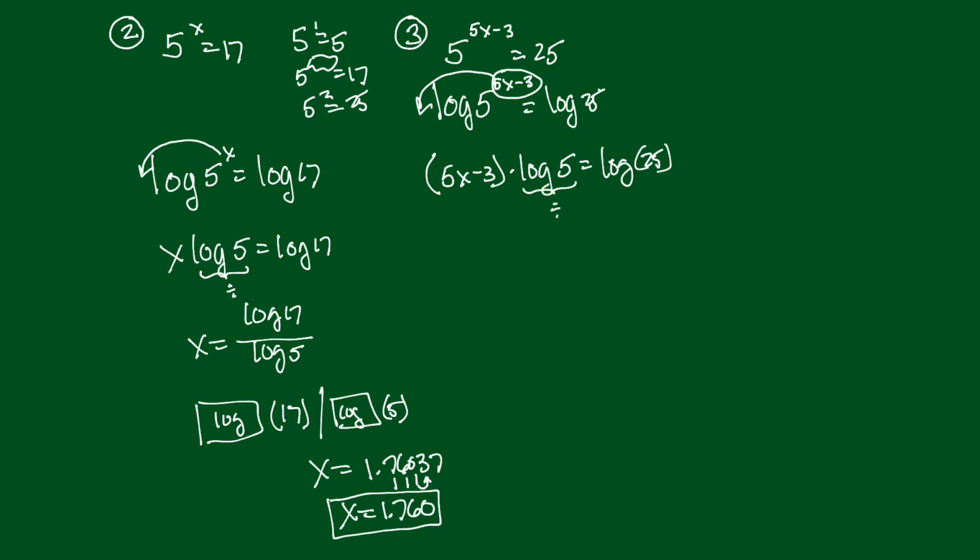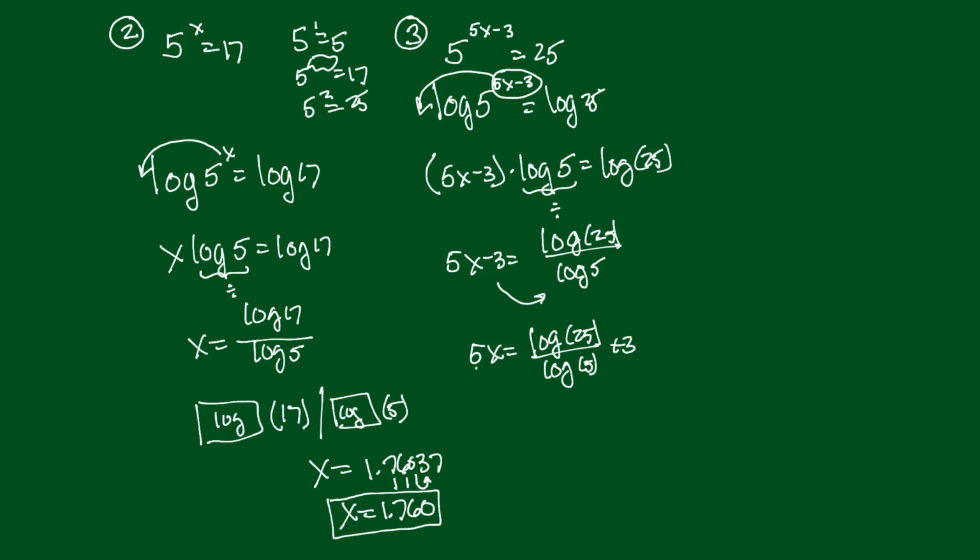Now, why don't we do this? I'm just going to divide by this. So here's what I'm going to get. I'm going to get 5x minus 3 is equal to the log of 25 divided by the log of 5. Now, I'm going to add the 3, so I'll get 5x is equal to log of 25 divided by the log of 5 plus 3.